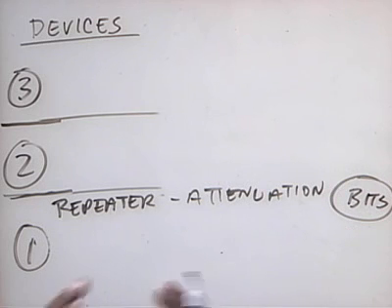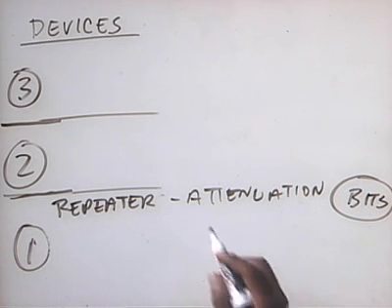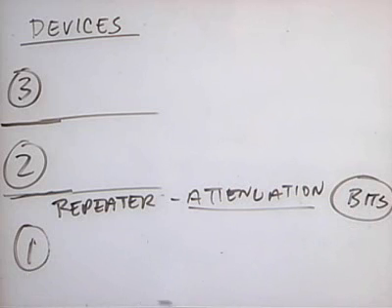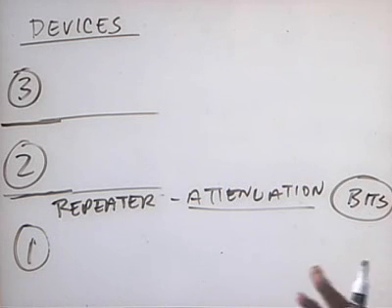So whatever Pete receives is what Pete repeats. Pete rebuilds or regenerates the signal that comes in and sends it out of the other side. He has no ability to make any decisions as far as where traffic is actually going.